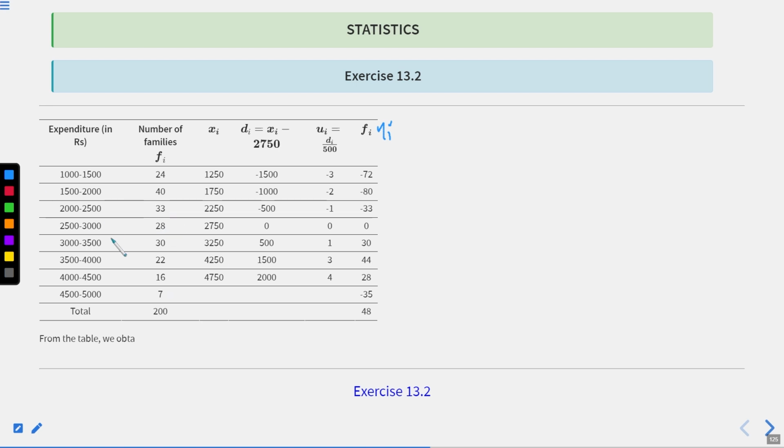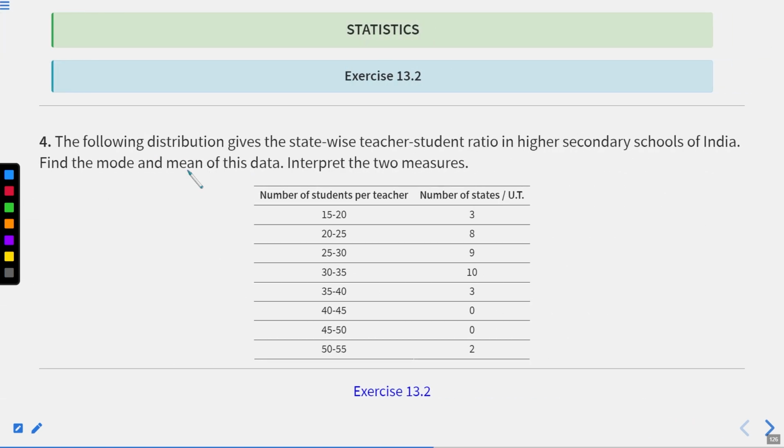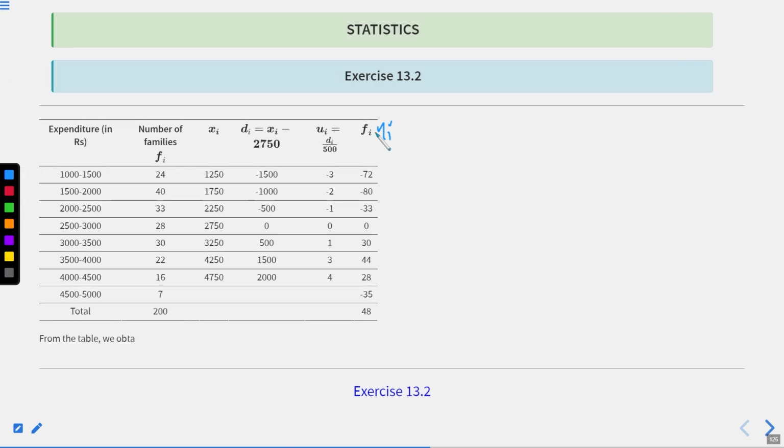Okay, so now if we add the number of families, that is summation fi, this is equal to 200, and summation fiui is equal to 48. So from the table we obtain summation fiui is 48 and summation fi is 200.